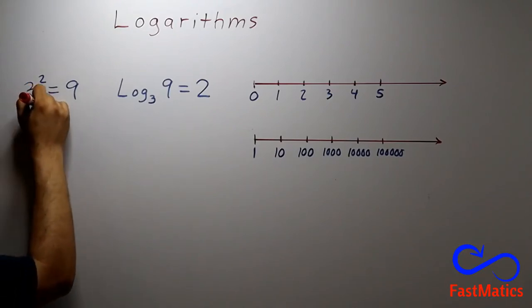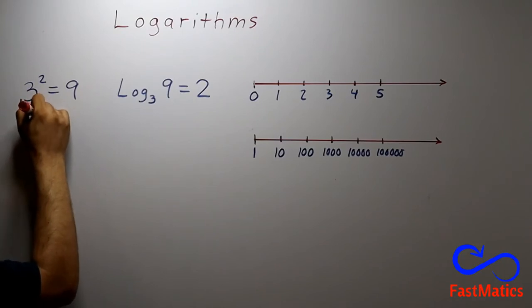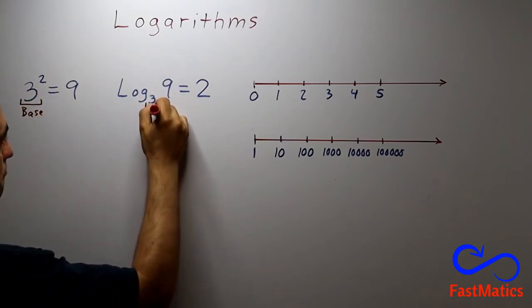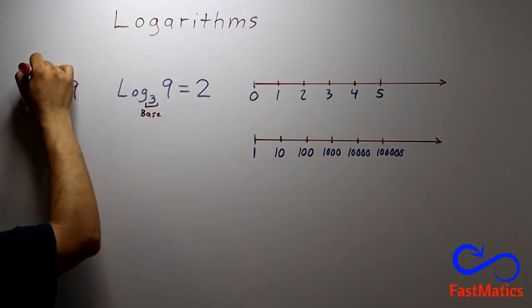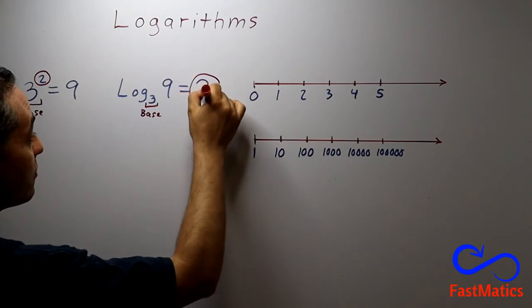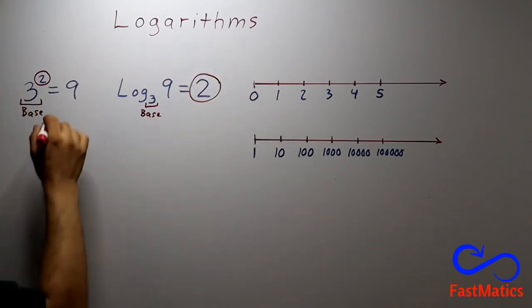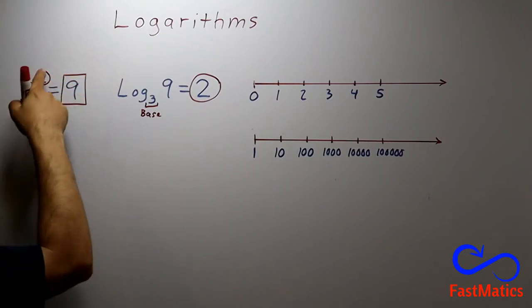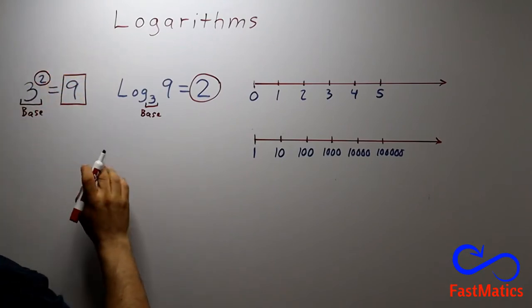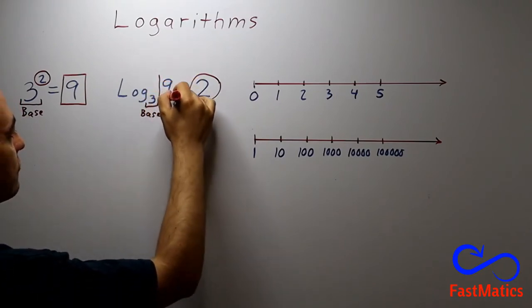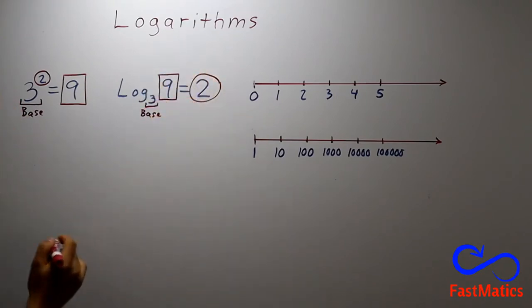here we have a base, and here we have a base. Here we have an exponent, and here we have the answer of the logarithm. And here we have the answer of this exponent, and here we have the argument of this logarithm.